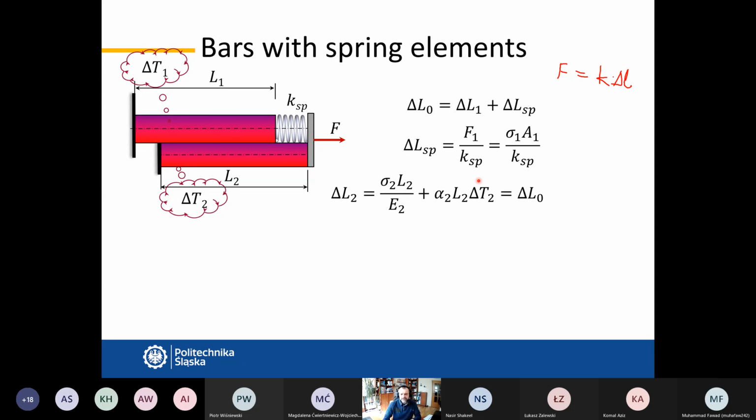The second one, delta L2, the elongation of the lower object, is elongation due to the force applied, so this is sigma over E times L, and elongation provided by the change in temperature.